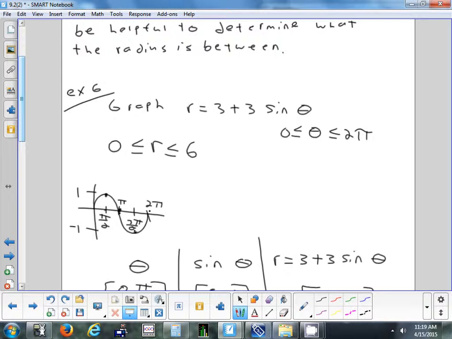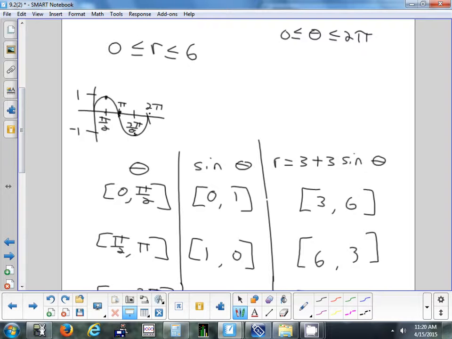So from 0 to pi over 2, it's increasing, and then the behavior changes at pi over 2. It starts going to decreasing. So if that was on the test, you'd give us those values? Yeah, I give you the intervals. You'd have to figure out what's happening over that interval and then how that affects your picture.